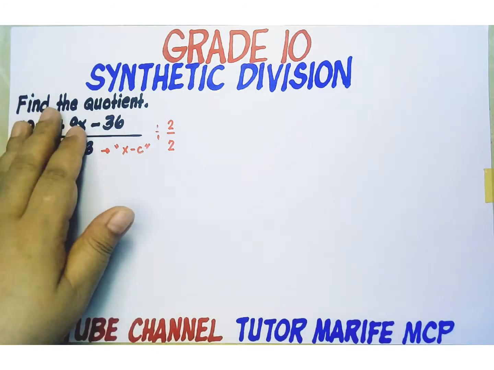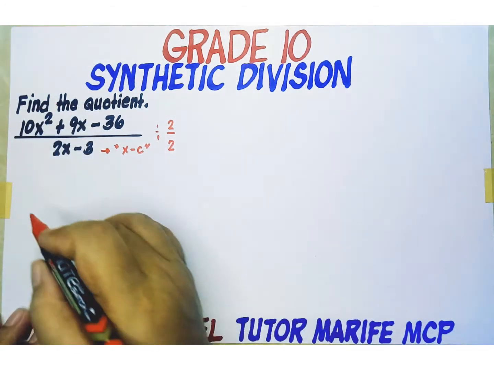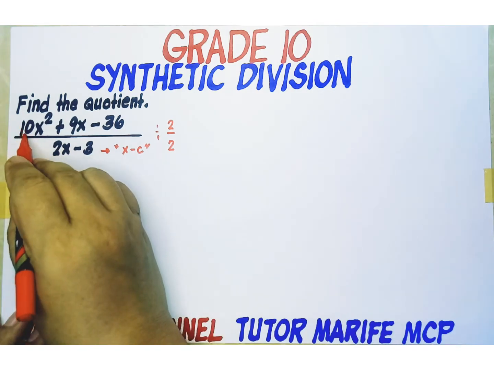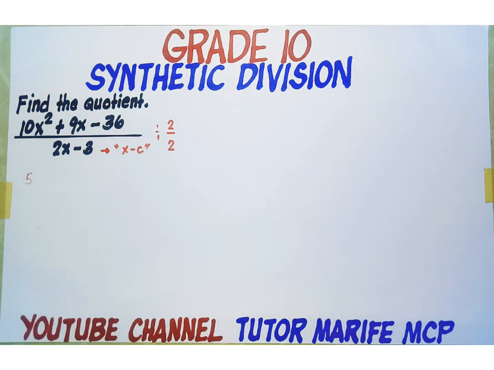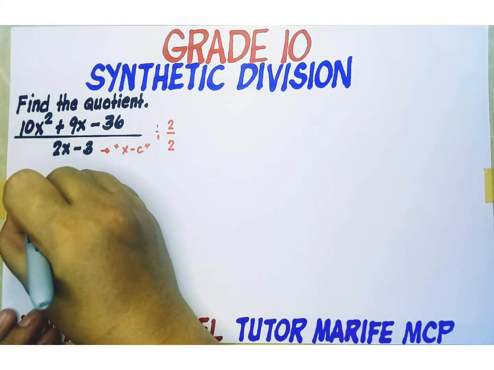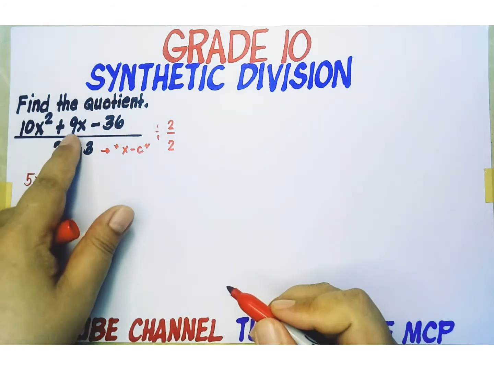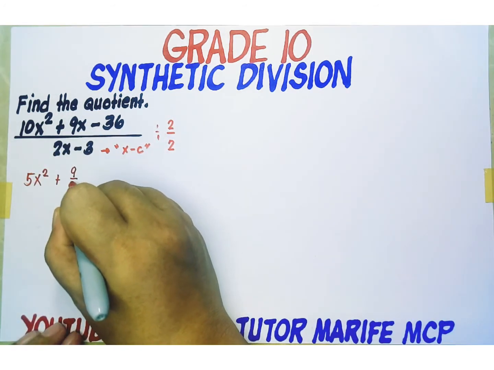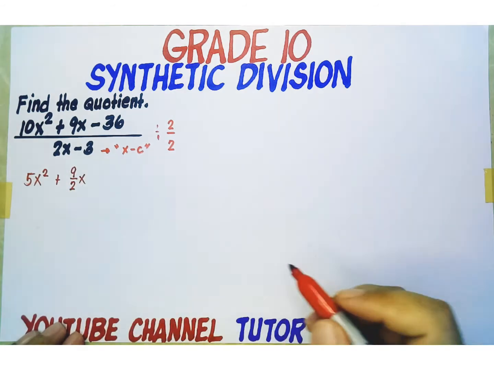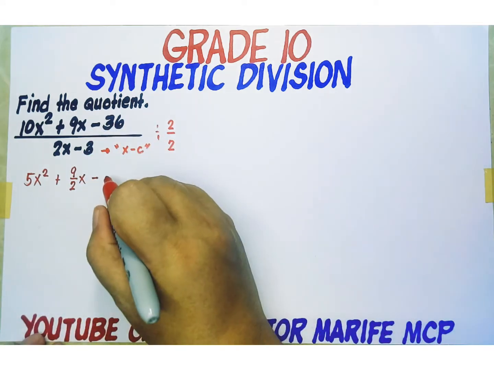So, our problem, from this form, will become 10 reduced by 2, becomes 5x squared, plus 9x divided by 2, 9 over 2 x, minus 36 divided by 2, 18.